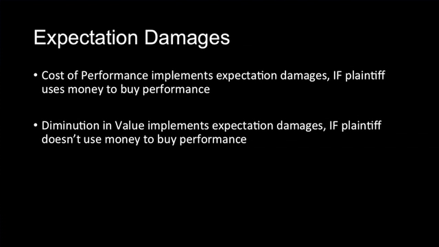What's particularly perverse about the Schectman decision is that the plaintiff has no opportunity to use the money to purchase substitute performance because American Standard has already sold the property. Giving cost of performance in such a situation can overcompensate, providing the plaintiff with a kind of windfall.